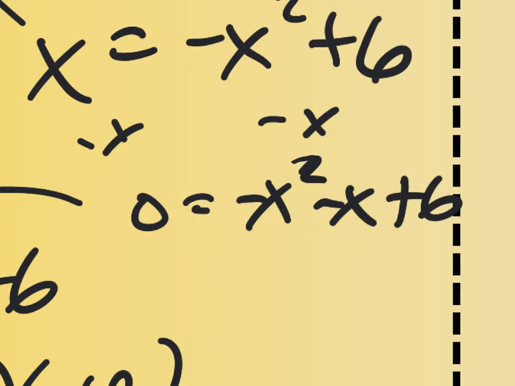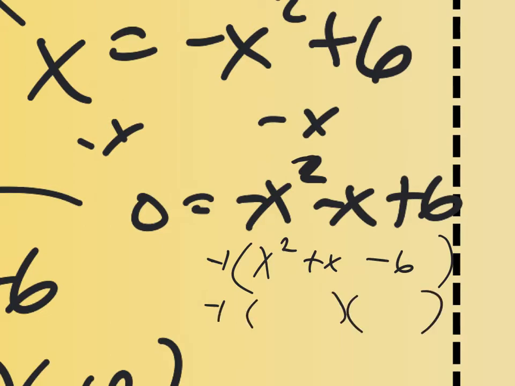A little pro tip: factor out the negative 1 and then try to factor it. Take negative 1 out first. And then you get x squared plus x minus 6. Much easier to factor than trying to drag around a negative x all over the place. Okay, so just factor out a negative 1 when you have a lead coefficient that's negative.